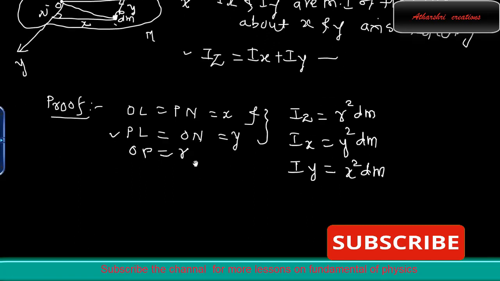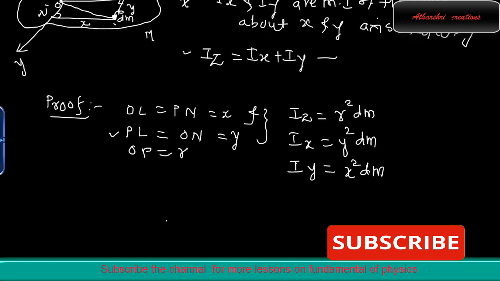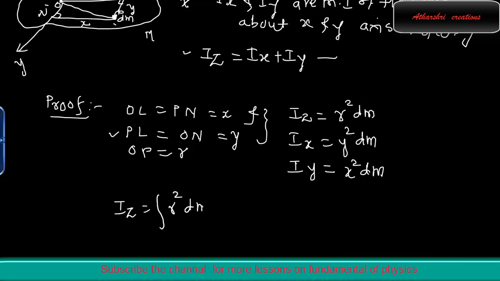Now the moment of inertia of the total body can be determined by integrating this r square into dm.